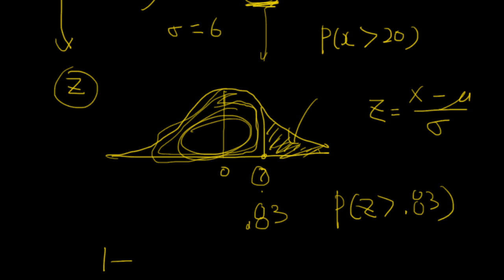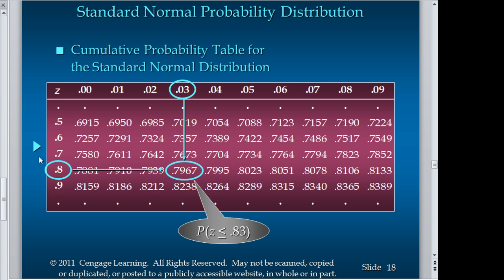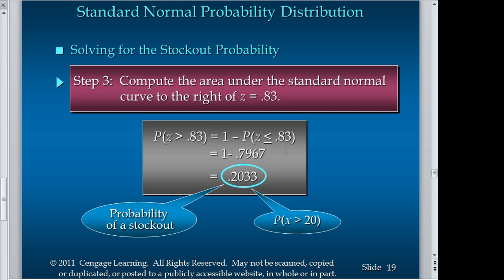So 0.83, if you look it up in the table, that's the number, 0.7967. So if you do 1 minus 0.7967, there you go.